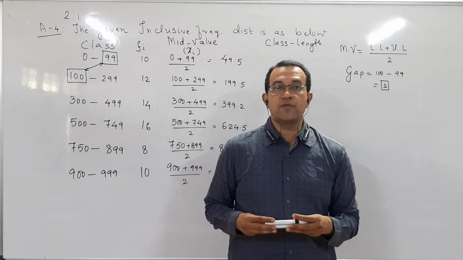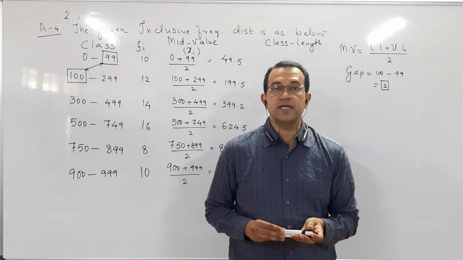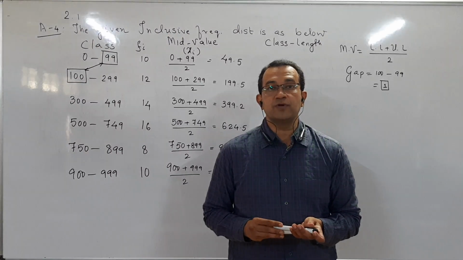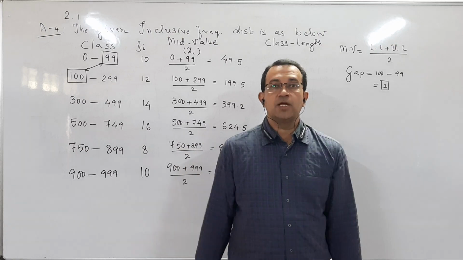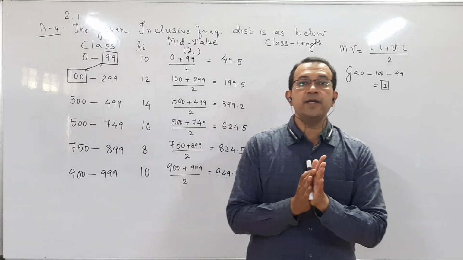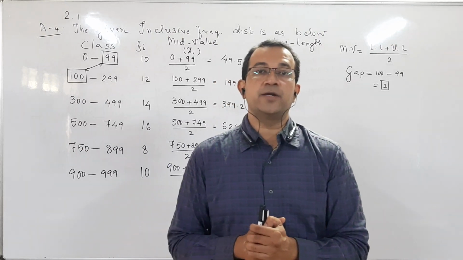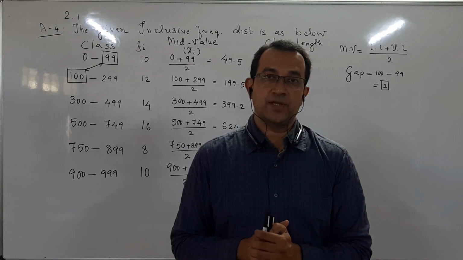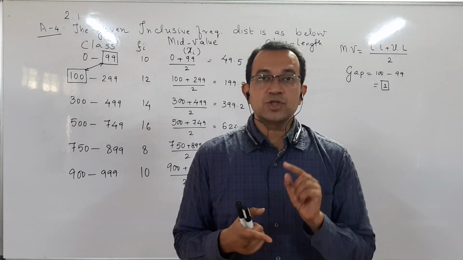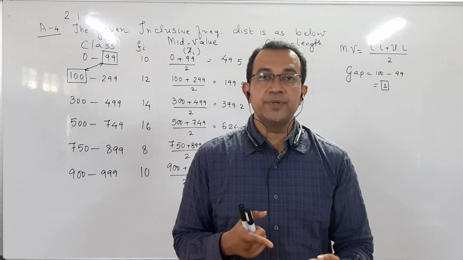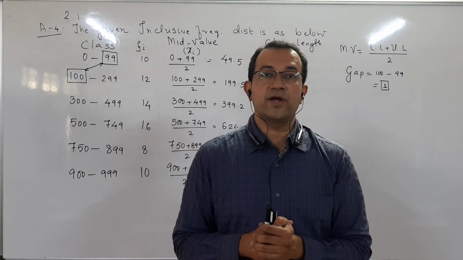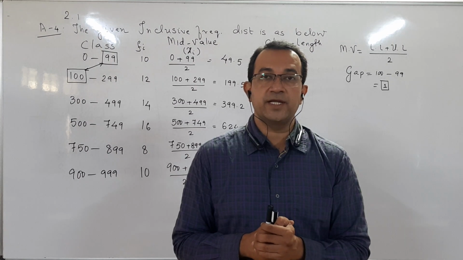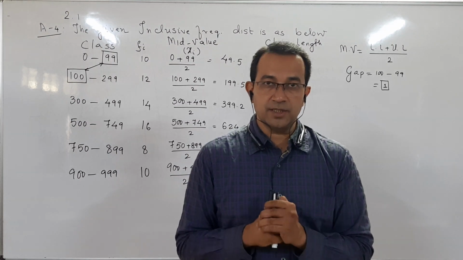Students, which type of distribution? Then I can say inclusive frequency distribution, because for exclusive, class limits and boundary points are 100% same. For exclusive, class limits and boundary points are same. So you will never be asked to find boundary points in case of an exclusive distribution.